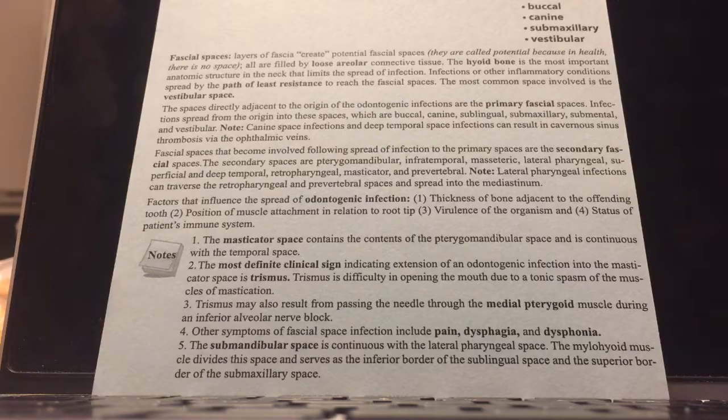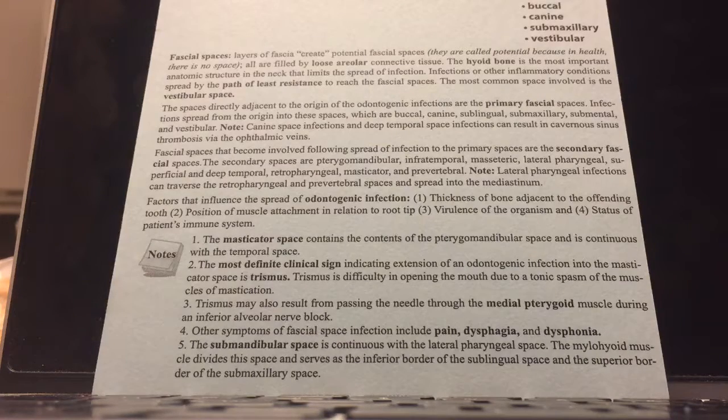Notes: number 1, the masticatory space contains the contents of the pterygomandibular space and is continuous with the temporal space. Note 2, the most definite clinical sign indicating extension of an odontogenic infection into the masticatory space is trismus.